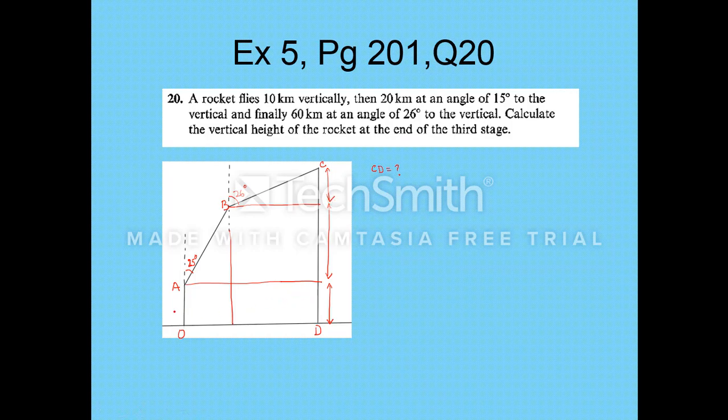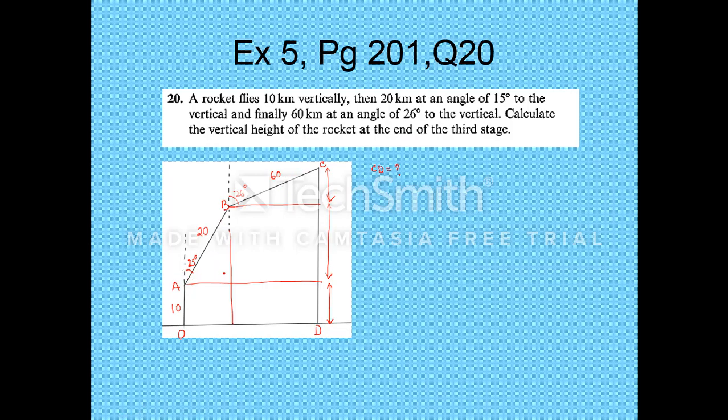As far as this length is concerned, we are given in the question that this is 10 kilometers. The second course of the rocket, this value is 20 kilometers. Then is the third course wherein this is 60 kilometers.